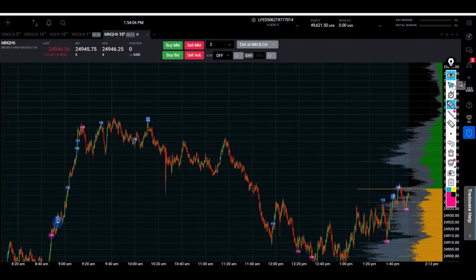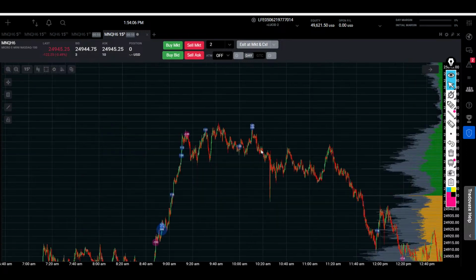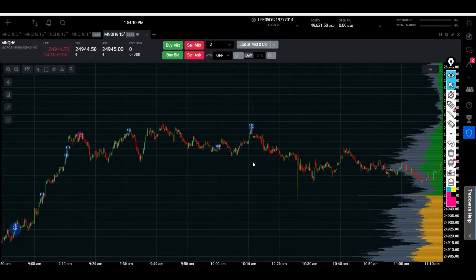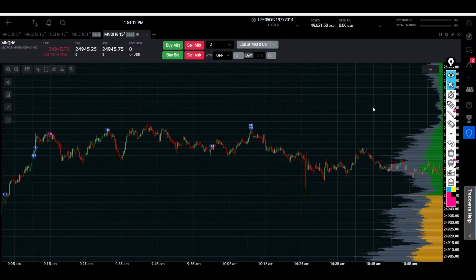Let me see, this would actually be a loss. I would probably enter here after this. When I see this one, correction ABC, you got impulse ABC, and then you wait for a small correction.